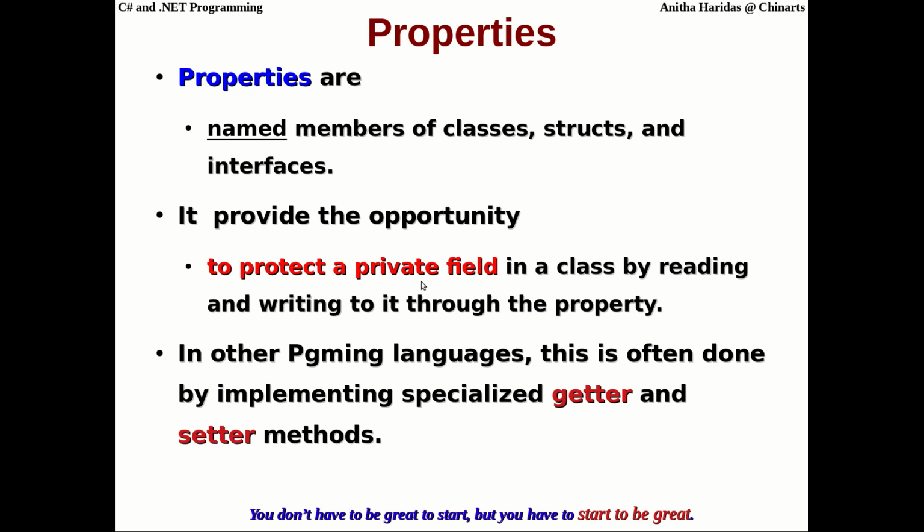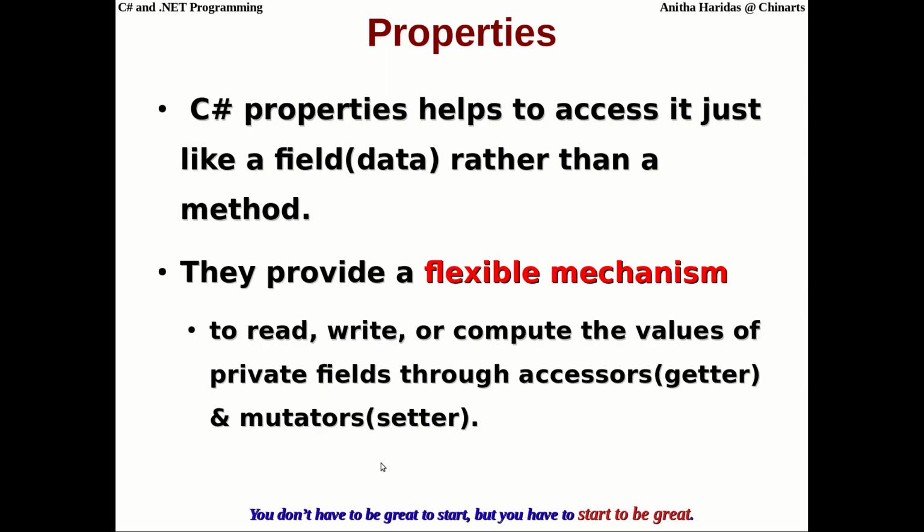We are hiding a private field in a class by reading and writing to it through the property. Whereas in other programming languages, it is often done by implementing specialized getter and setter methods. We have seen this in Java programming, how we wrote getter and setter methods for managing variables A and B. C# properties help to access it just like a field rather than a method.